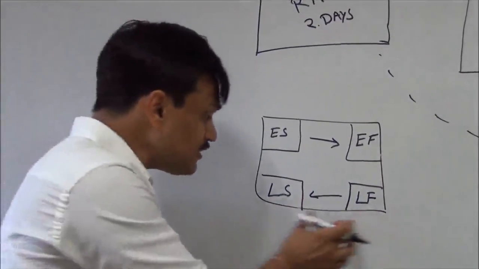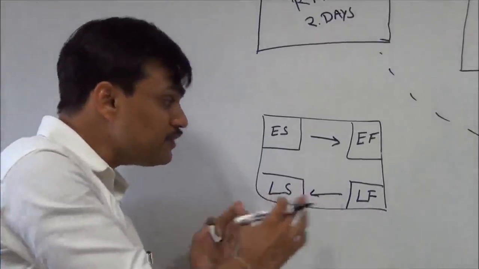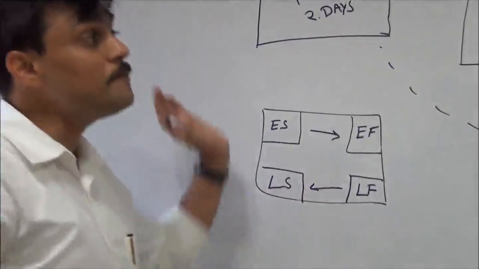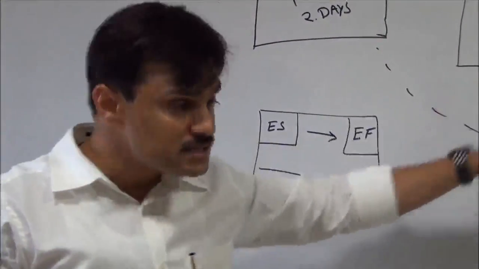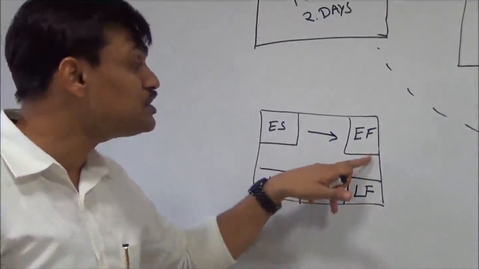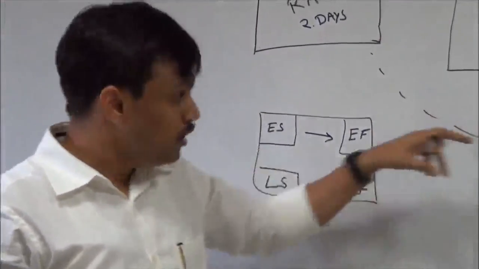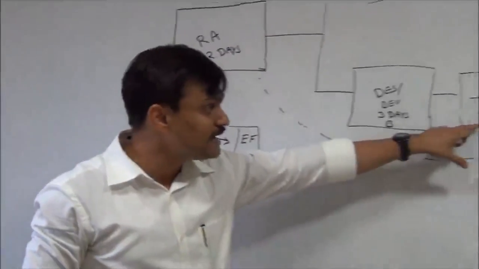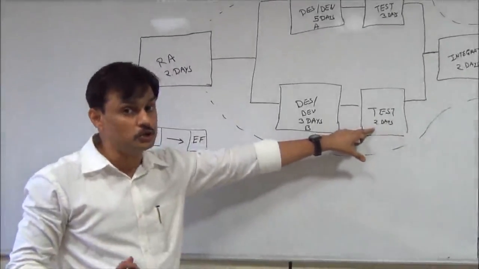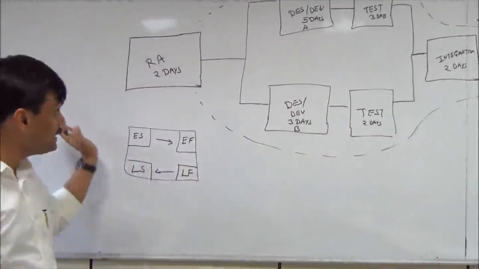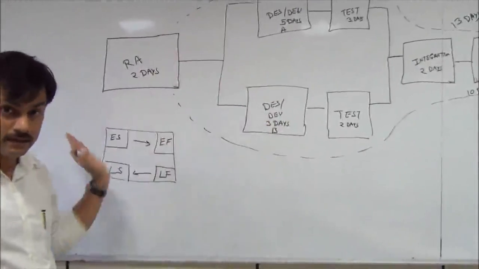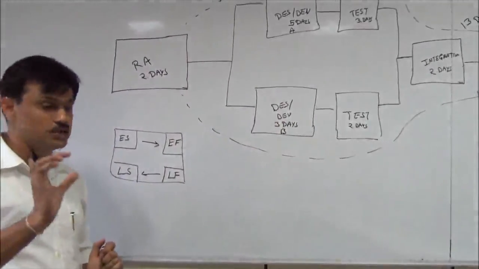What do late finish and late start mean? They mean how late I can finish this activity without impacting the project duration. For example, how late I can start the testing of module B without impacting the 13 days timeline. That is the definition of slack.